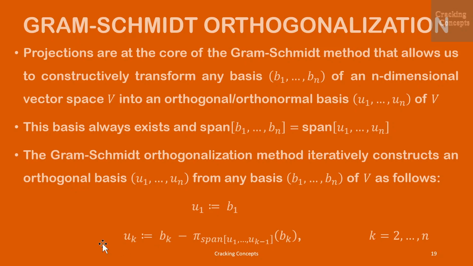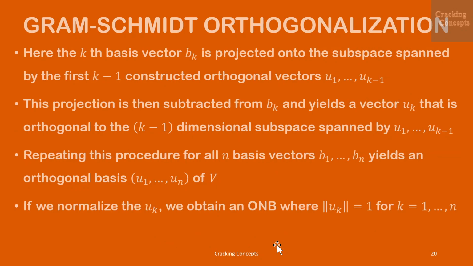This projection is then subtracted from bk, which yields the vector uk that is orthogonal to the k minus 1 dimensional subspace spanned by u1, etc., uk minus 1. Repeating this procedure for all the n basis vectors b1, etc., bn will yield an orthogonal basis u1, etc., un of vector space V.